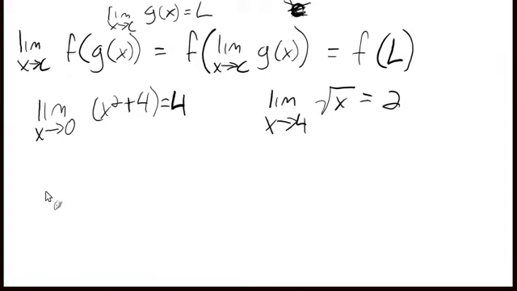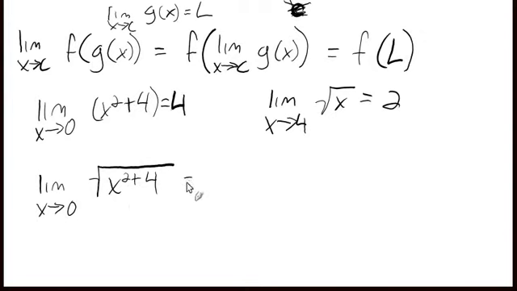So now if we want to know the limit as x approaches 0 of the square root, okay, the square root is this function, the square root of something. Now instead of just x, we put in this function. That's a composition. If this were f and this were g, this would be f of g.